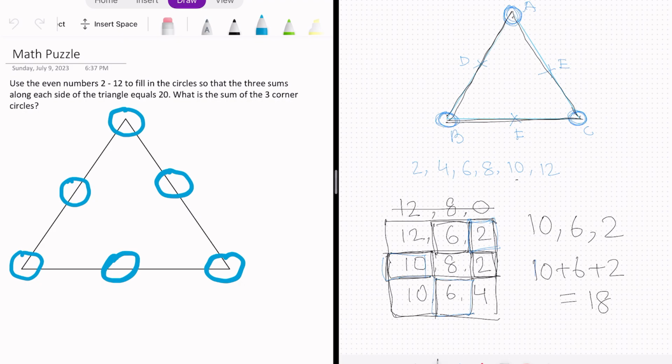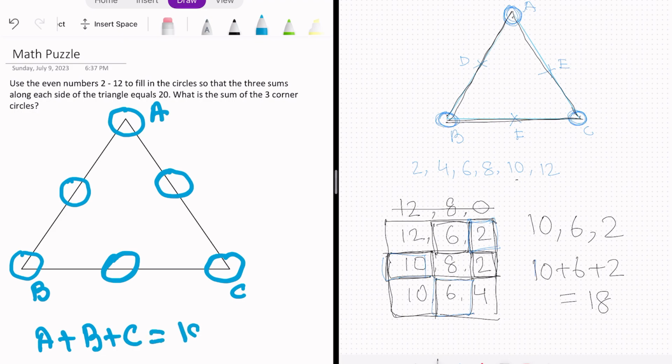Now, even though that answers the question, A plus B plus C is equal to 18.